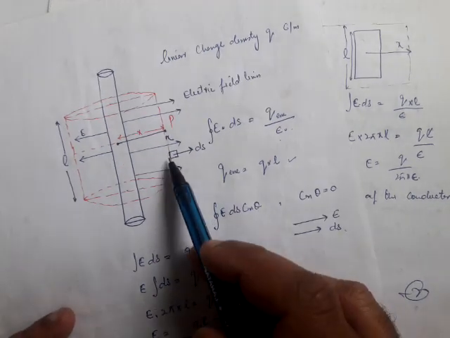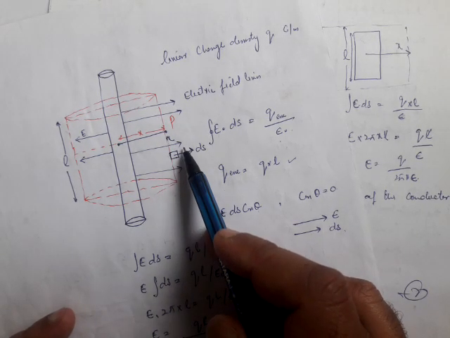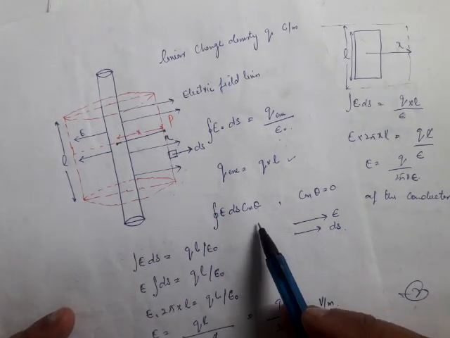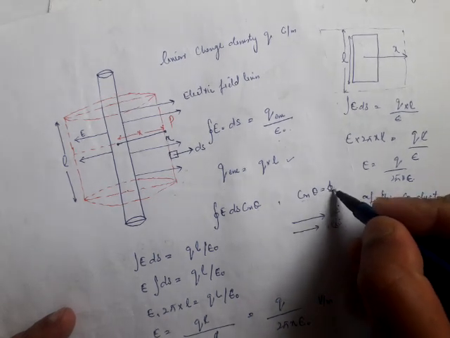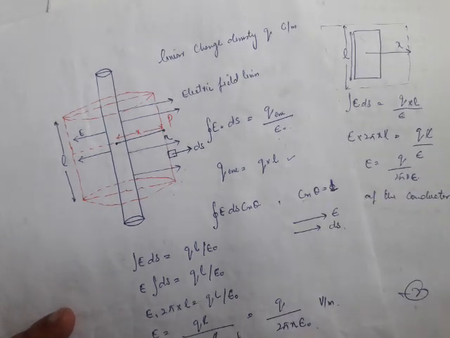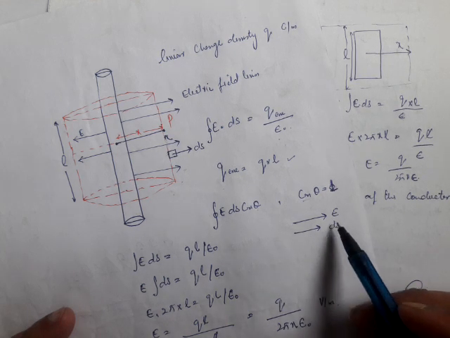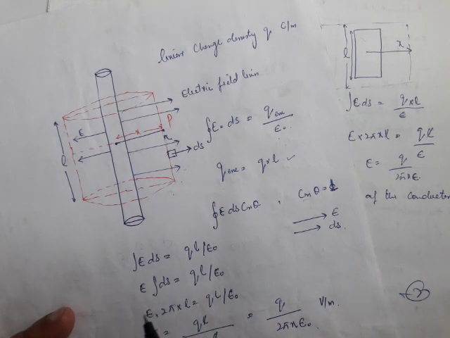You will see that the area vector ds of the curved surface and the electric field are parallel. That means the angle between these two will be equal to 0, so cos theta will be equal to 1. So E and ds will be parallel, and E dot ds will be written as E ds.